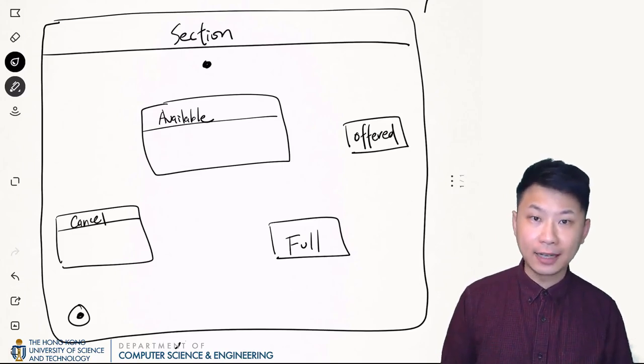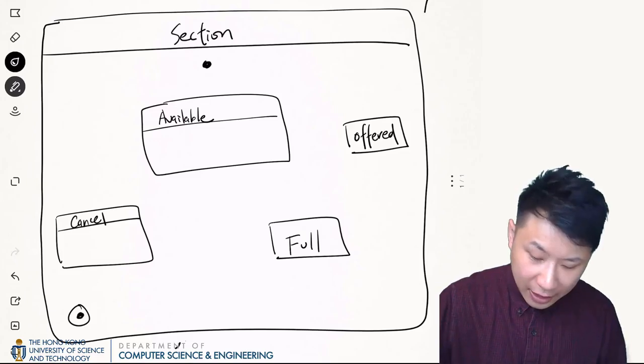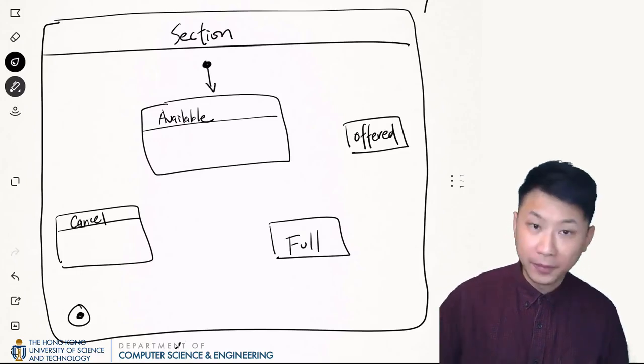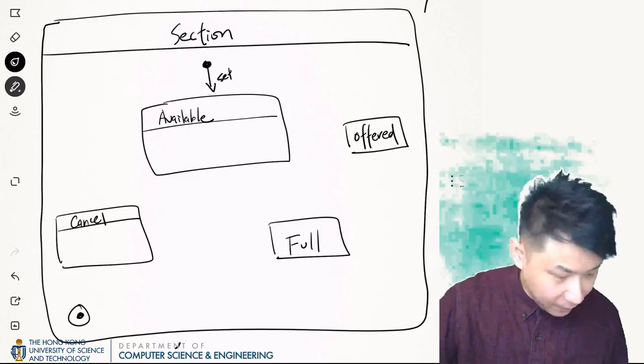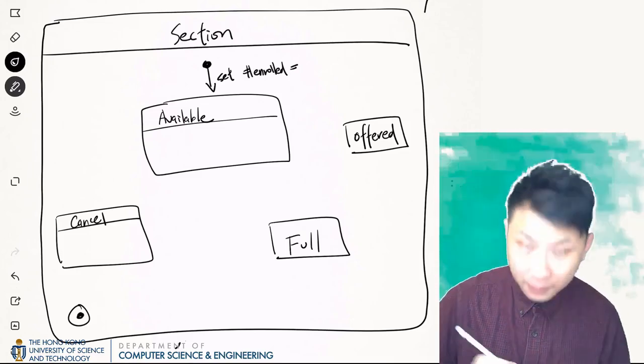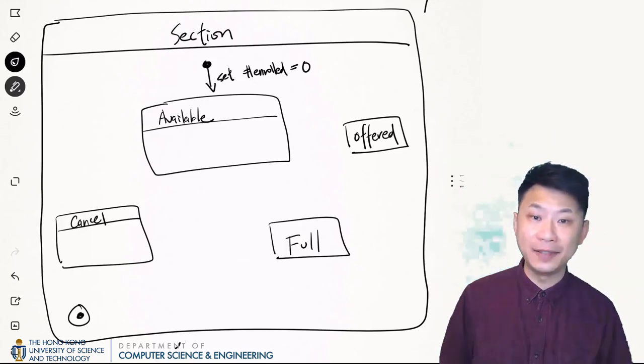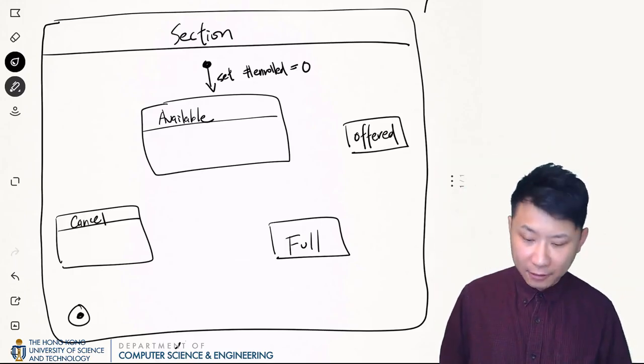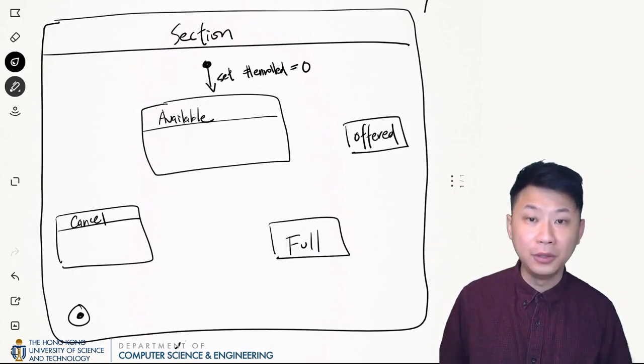Then when we construct a section, we're going to go from the initial state to available. And we will set the number of enrolled students to be 0, because initially we don't have any students in the section. So that's why we initialize the variable to 0.